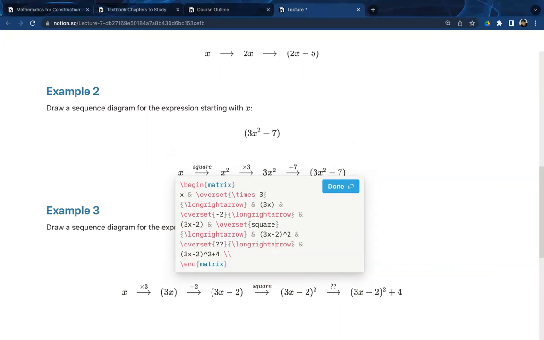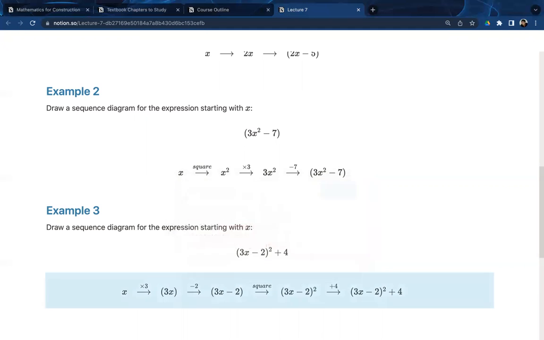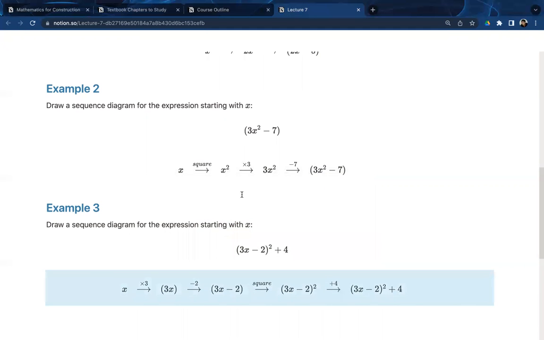And then finally, to get the final term, just need to add 4, okay? So this is how you would do that, right?